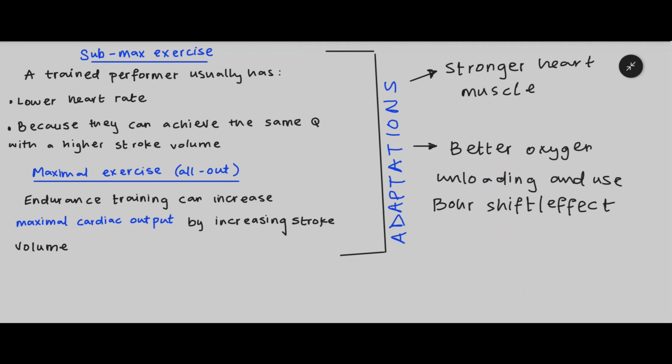And this all comes down to the fact that apart from having stronger and bigger heart muscles, they have a better ability to unload oxygen from hemoglobin. So that Bohr shift, that Bohr effect, happens a lot more efficiently in trained individuals compared to untrained individuals.